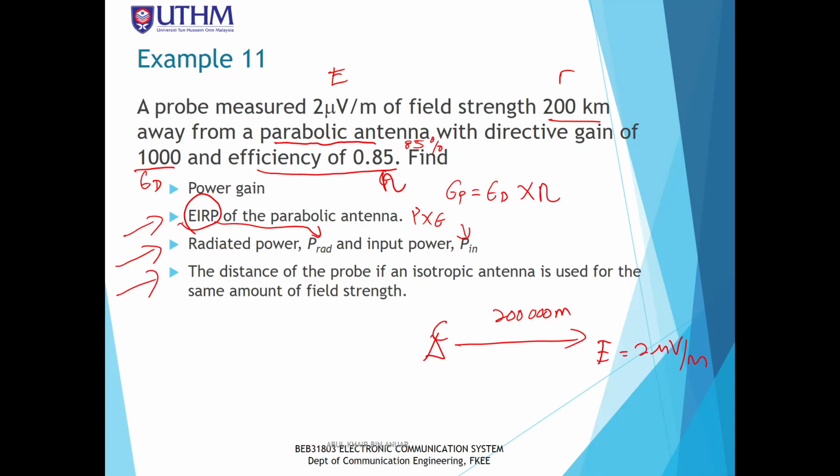Now the issue is, soalannya bertanya, if we change to an isotropic antenna or isotropic radiator, we need to find the distance at which we can achieve the same E field.